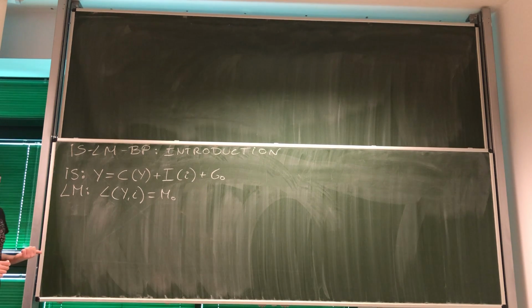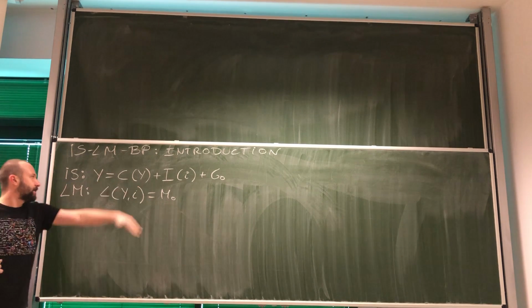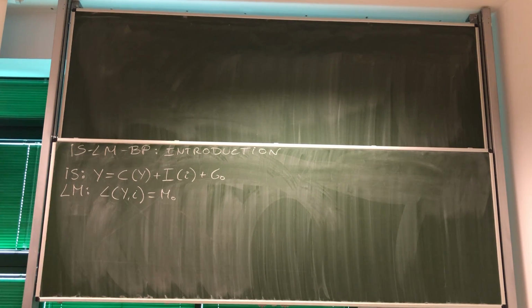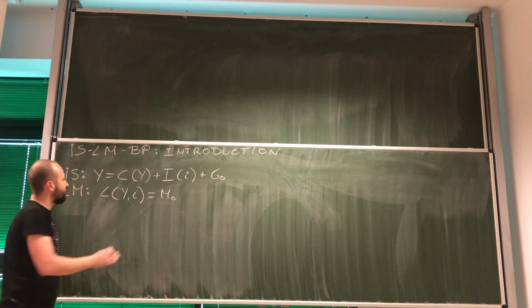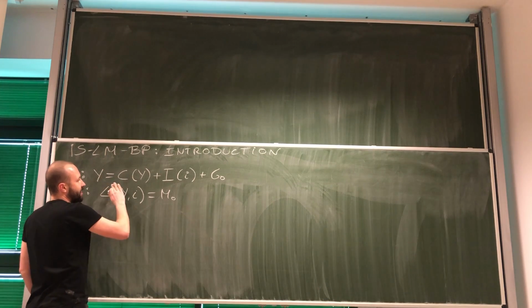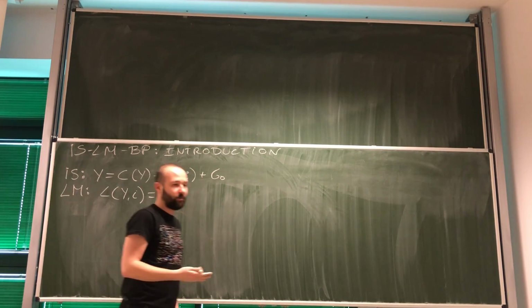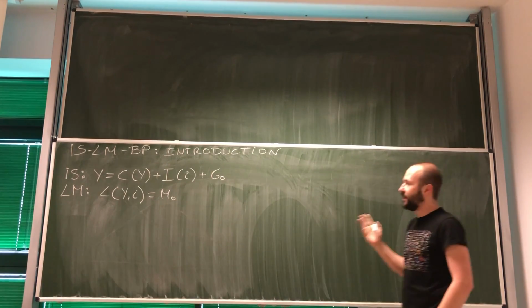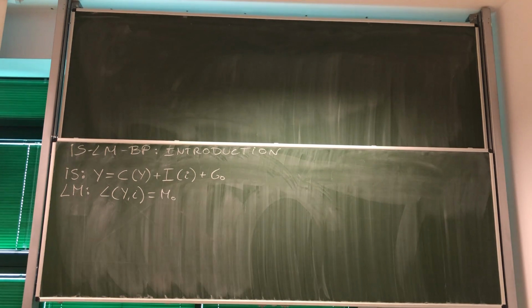Okay, the first thing that we need to introduce is in the IS function, because now we've got an open economy, we've got a fourth component of aggregate expenditures.